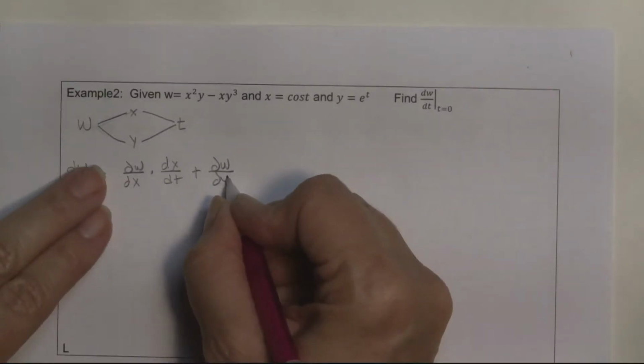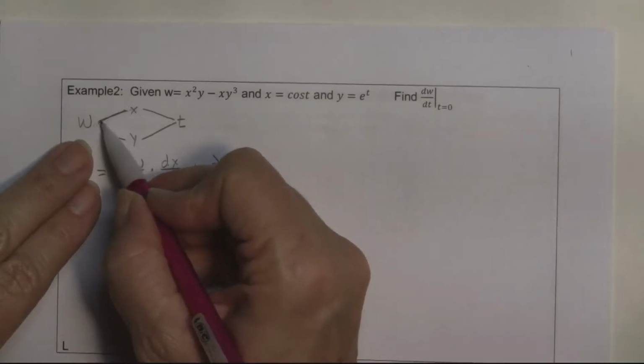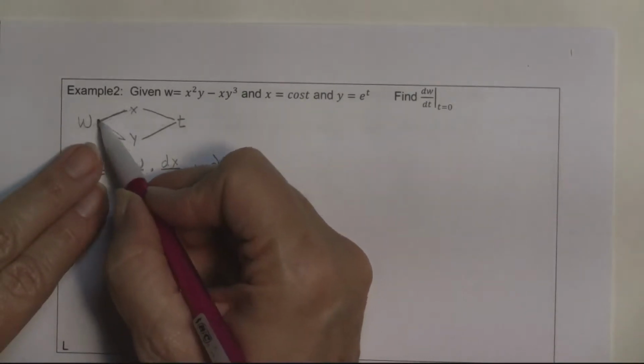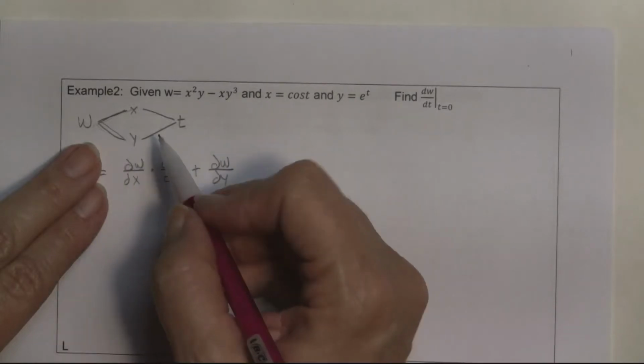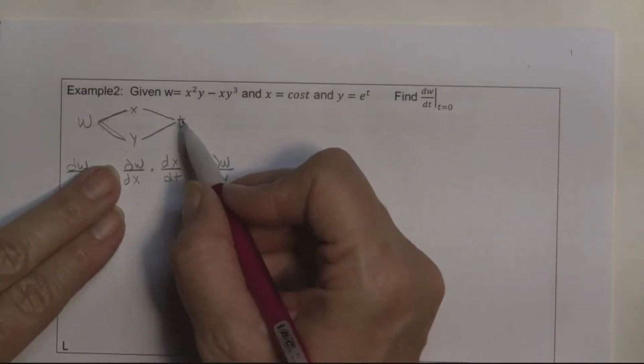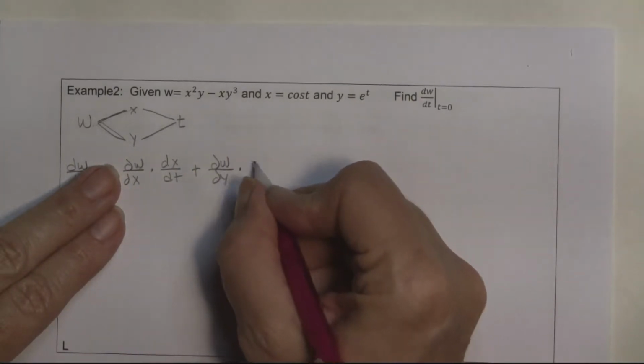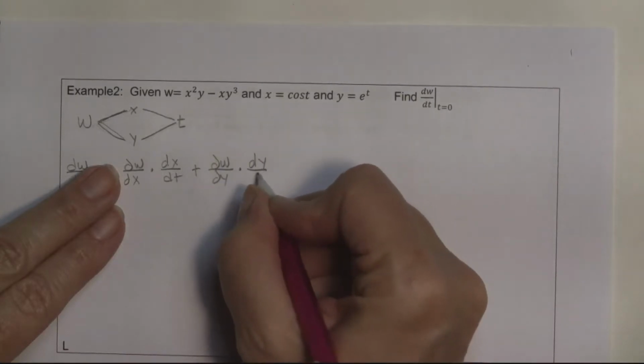You have a partial when it has more than one place to go. So w has more than one place to go, but y only has one place to go, and so you have a full derivative there.